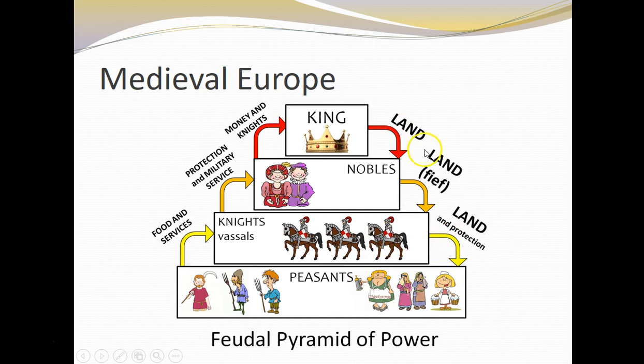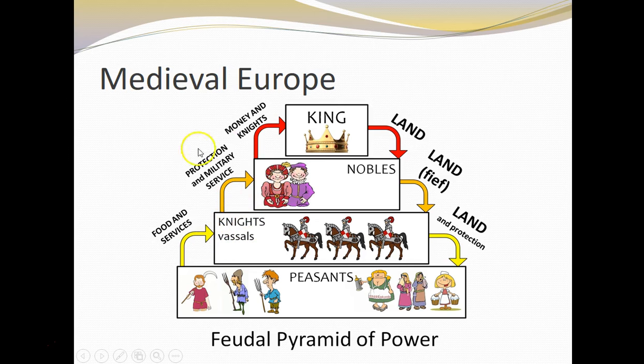So we see land and protection going down, because the knights were the main military force. And in return for this, the peasants and the freed workers would give food and services for being able to live on this land. So they'd give part of the food that they were producing to the knights and vassals, who would also give some of those food and services to the nobles.